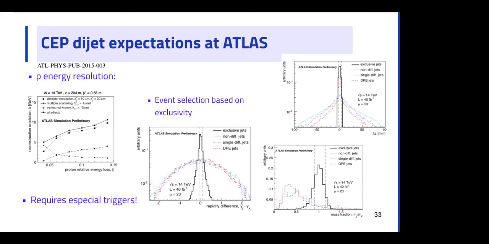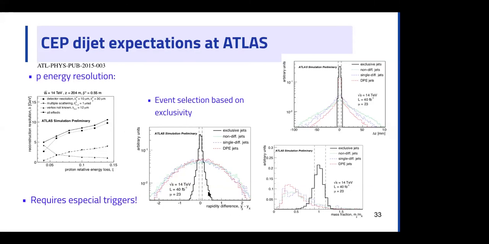So we see here some distributions. These are not yet with data, so they are predictions for what we will be obtaining with data in the future. Here we see, for instance, distributions of the difference in their kinematic properties measured.